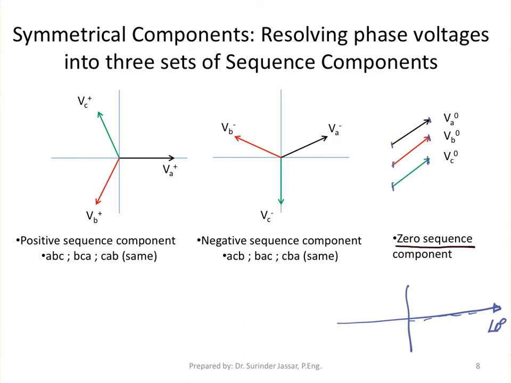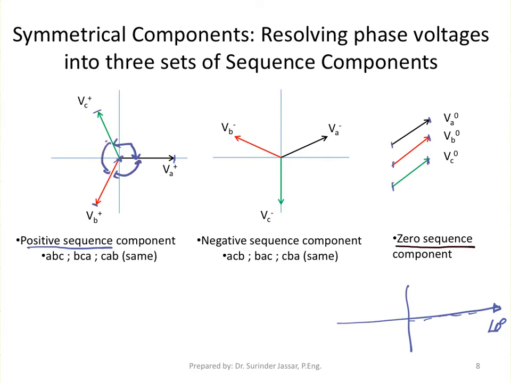Then comes the positive sequence. Now in positive sequence, same amplitude, same phasor length, and the angle displacement is 120.